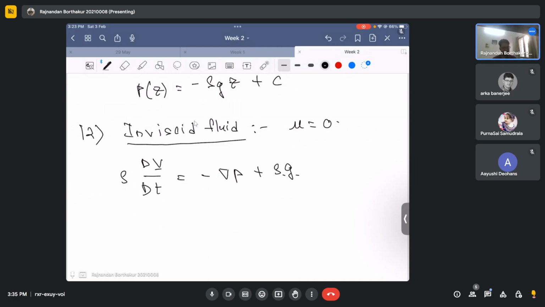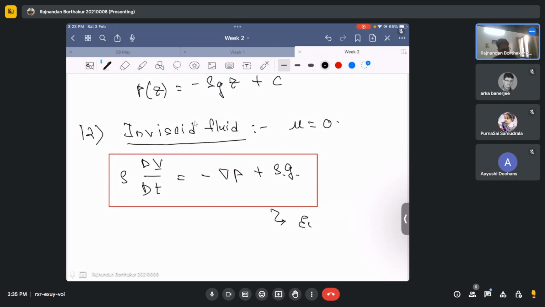This equation has also got a very special name. Can you tell me what this equation is? Euler equation. Exactly, this is Euler's equation. So Euler's equation is a special case of the Navier-Stokes equation when you impose the inviscid assumption.